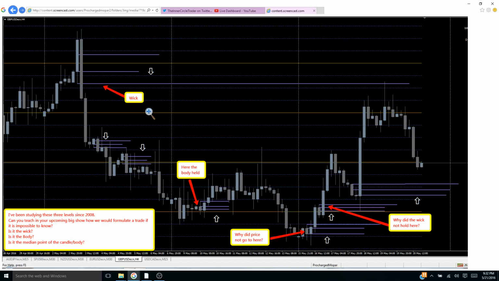For instance, when the market made its low this week on cable, it started right out the gate, ramped up, had a retracement, and then rallied again right up into that wick area you're noting. That was the order block that we were referring to in the live sessions as well.